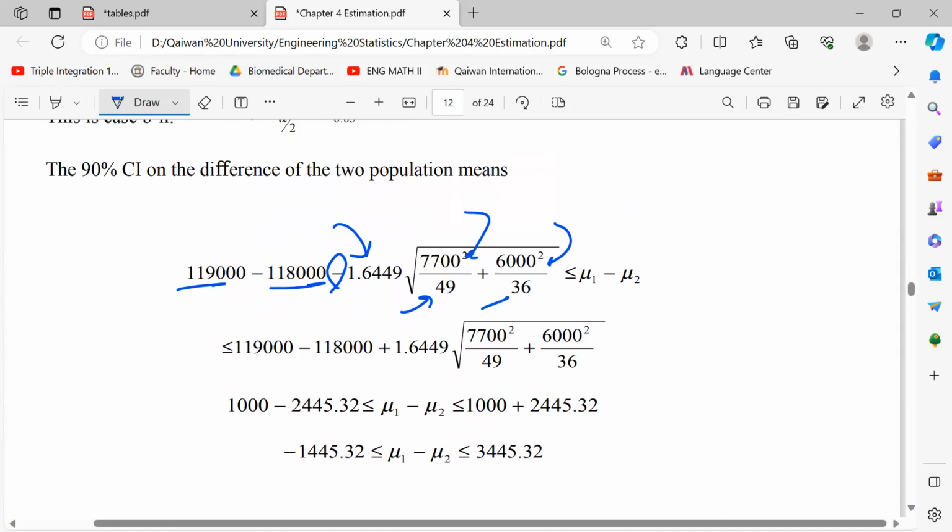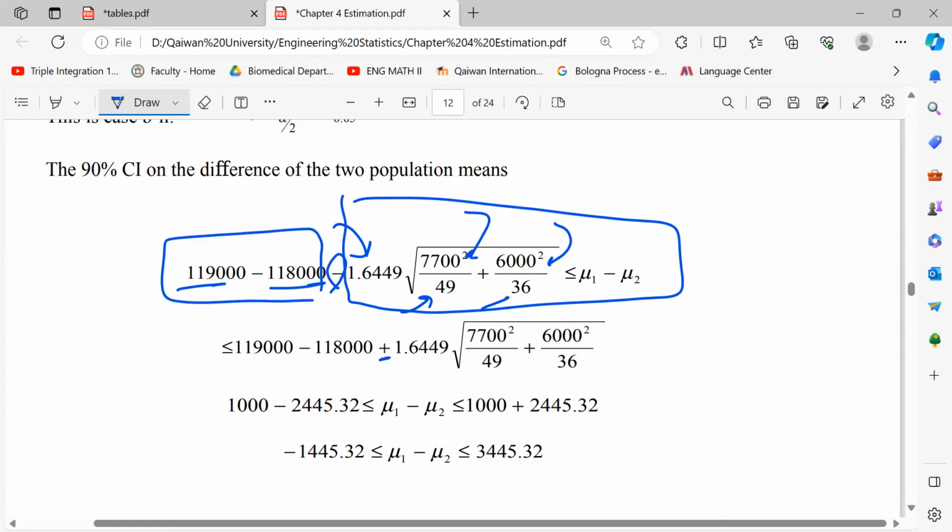Calculate this. For the left-hand side, find the subtraction. For the right-hand side, find the sum. That's all.